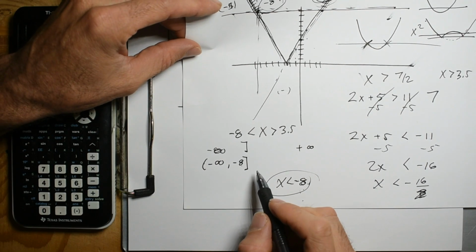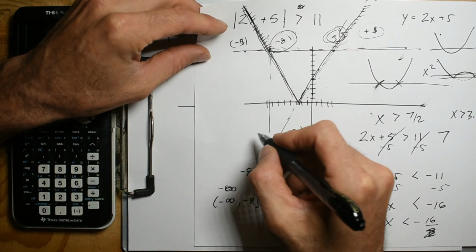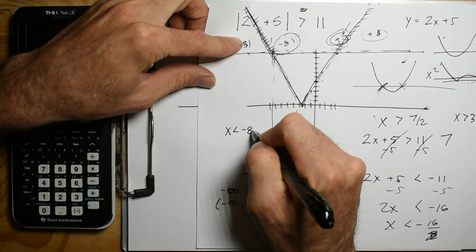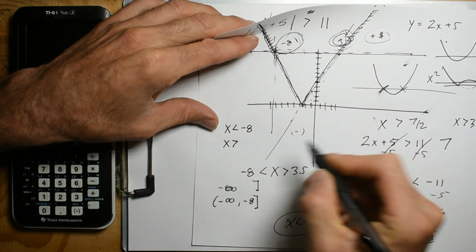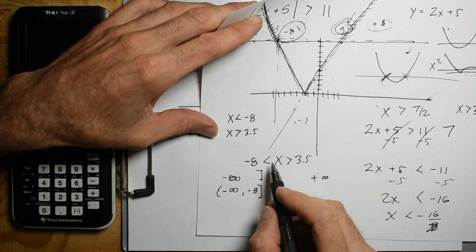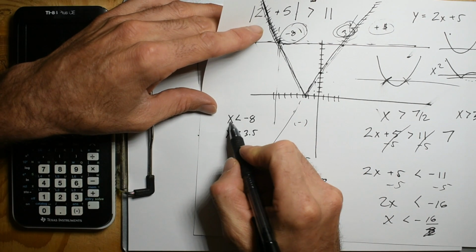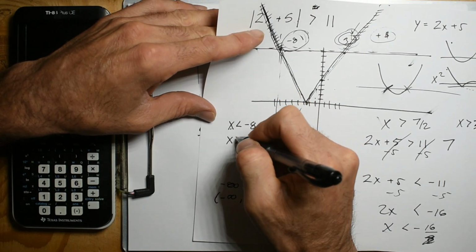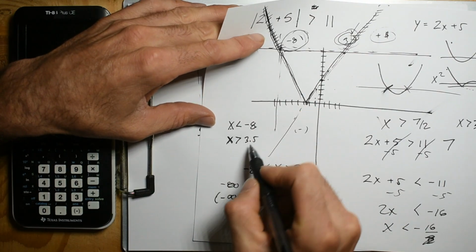And did I even do that right? No, I didn't do that right. So x is less than negative 8, and then x is greater than 3.5. And so how would I write that? X is greater than negative 8, and x is, alright, sorry.